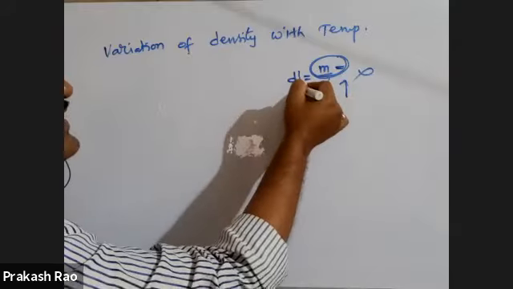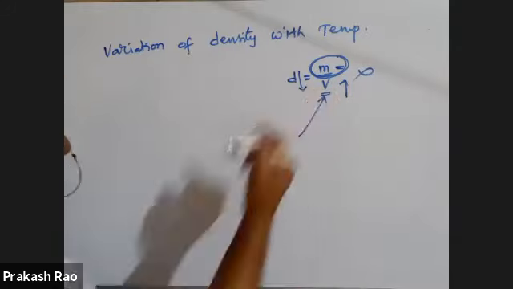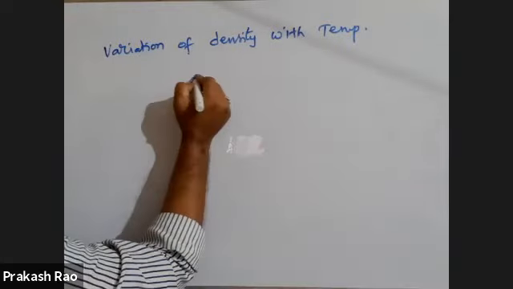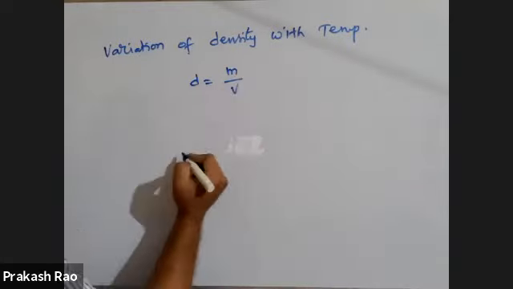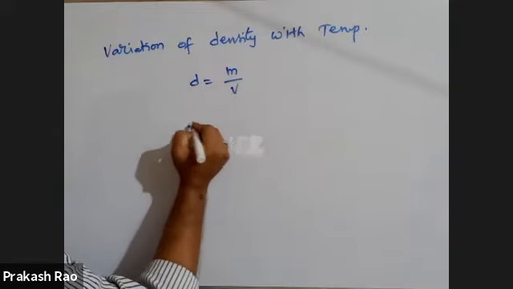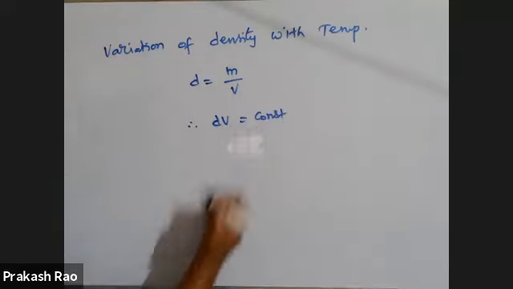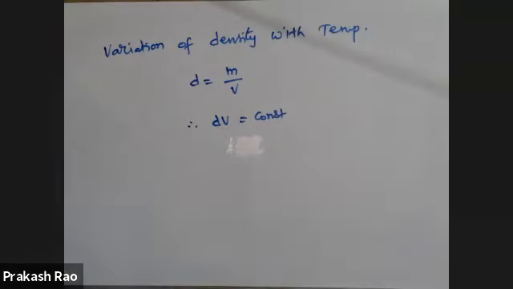Volume increased, so what happens to density? Because these two are inversely proportional, density decreases. So therefore, you know that density is equal to mass by volume. M is constant. Therefore, dV is equal to constant, meaning the product of density and volume is constant.